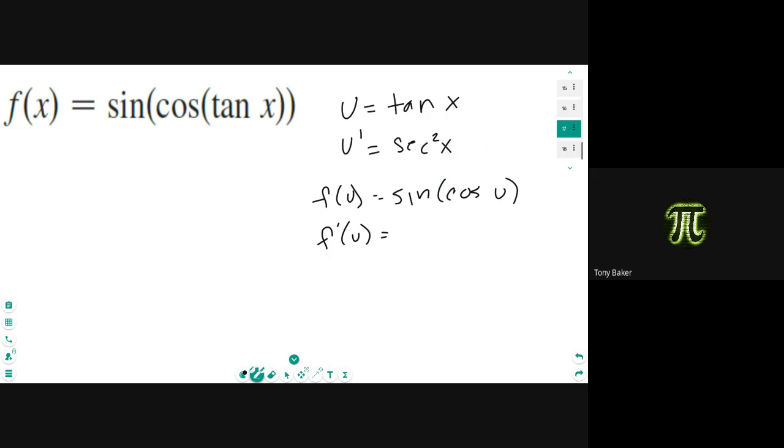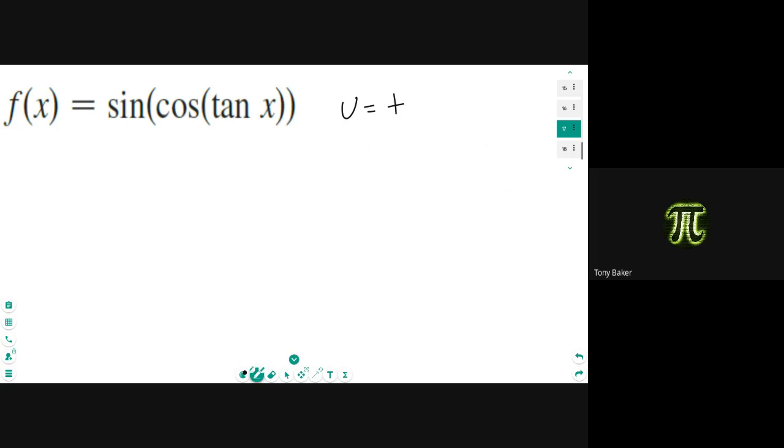Let's go one extra step out. What is the inside of sine? Is that cosine tangent, right? So let's go that direction. Instead of making u just the tangent of x, we're going to make u the cosine tangent of x.